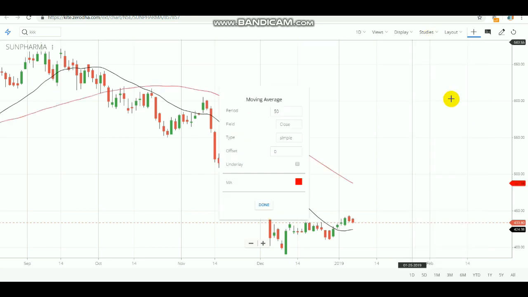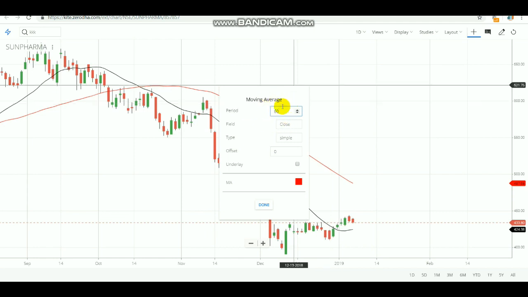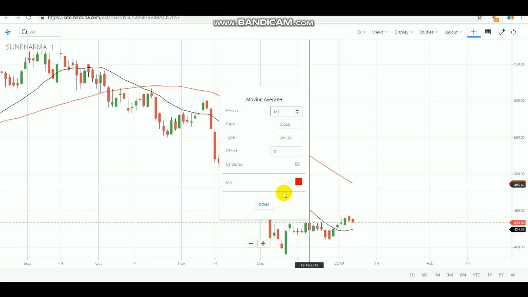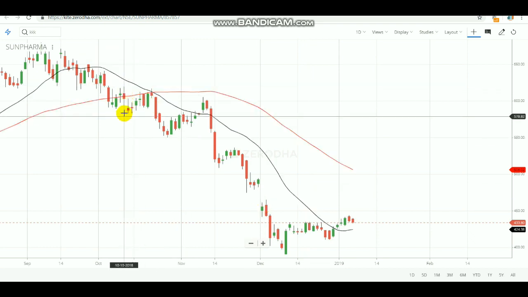We are going to use two moving averages, and by combining them we are going to see how it works. We are going to change the second moving average to 60, and other things are default only. Color is red, leave it. Select done. After you select done, you can see two moving averages along with the candlesticks.